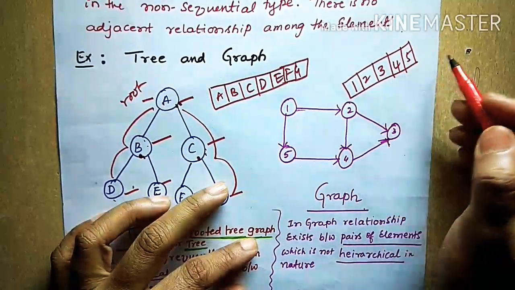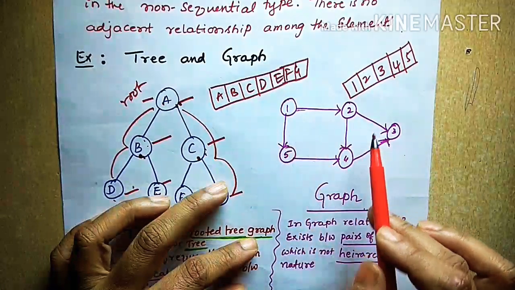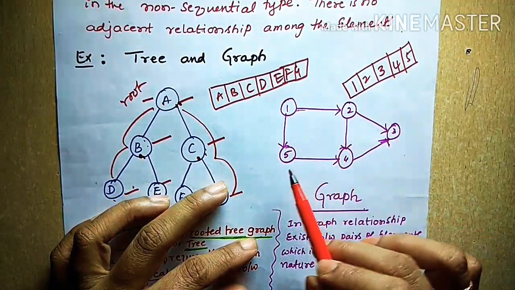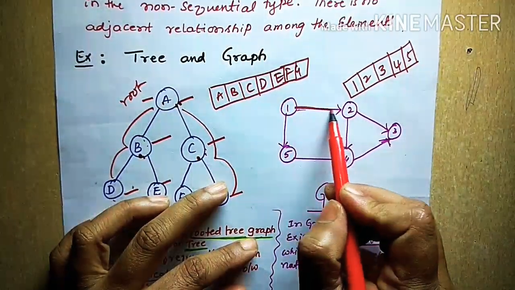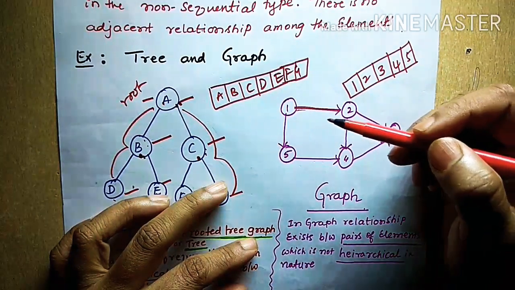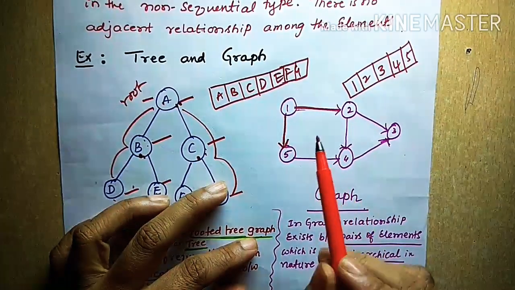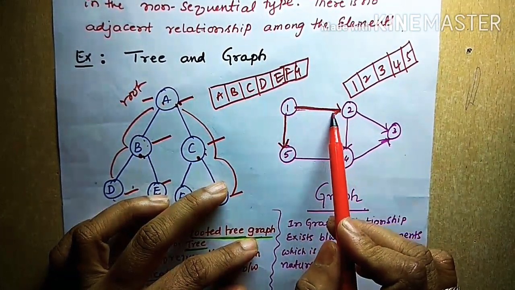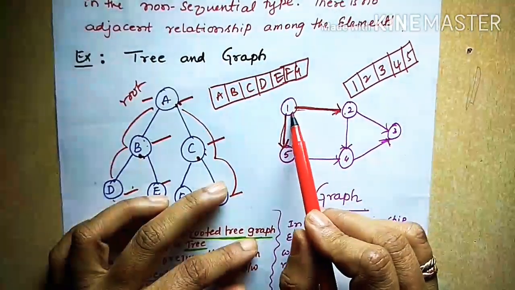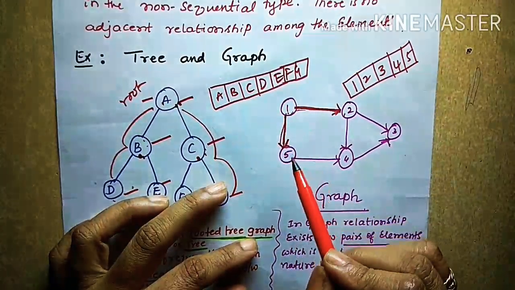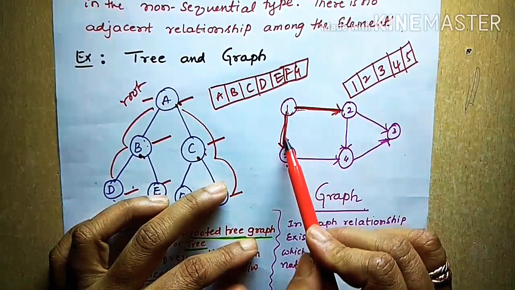In a graph, the elements 1, 2, 3, 4, 5 are stored in this pattern, not sequentially, and it exhibits a relationship between pairs of elements. 1 is paired with 2 and 1 is paired with 5.